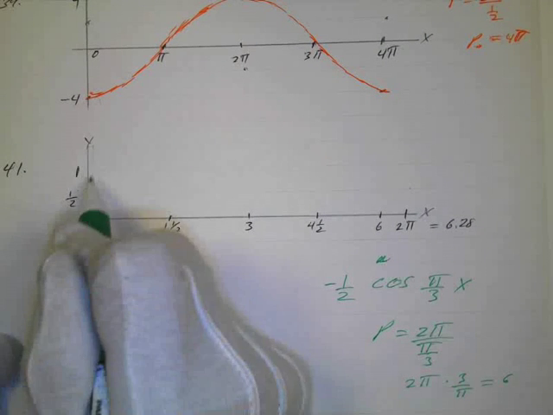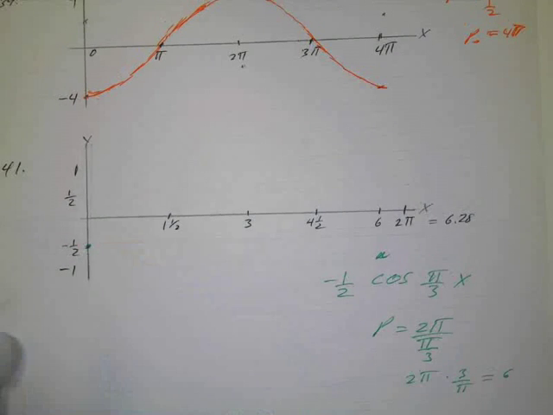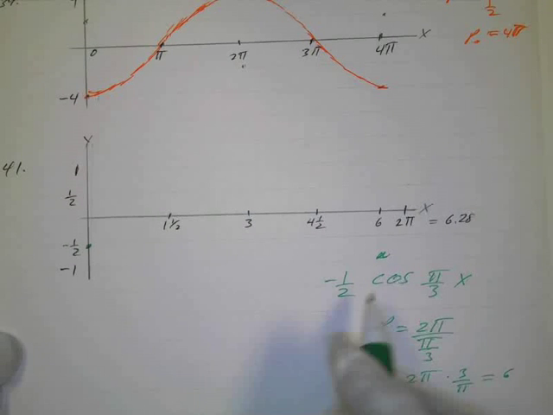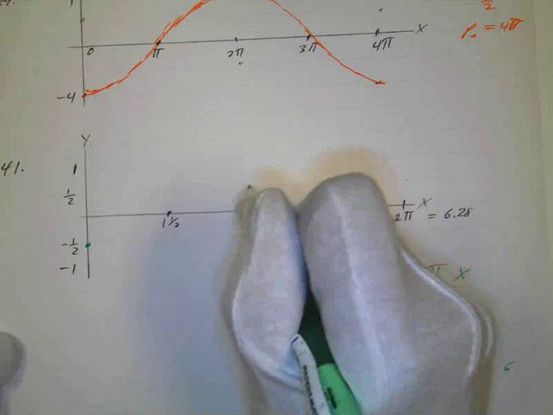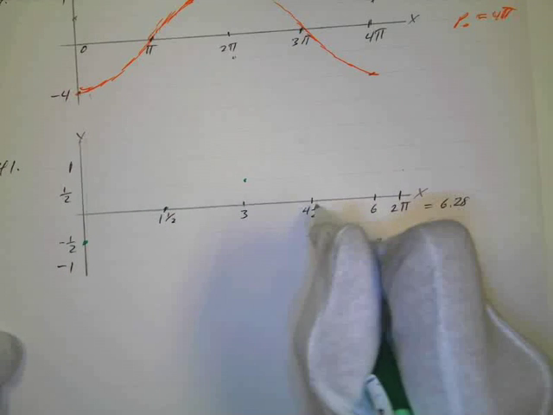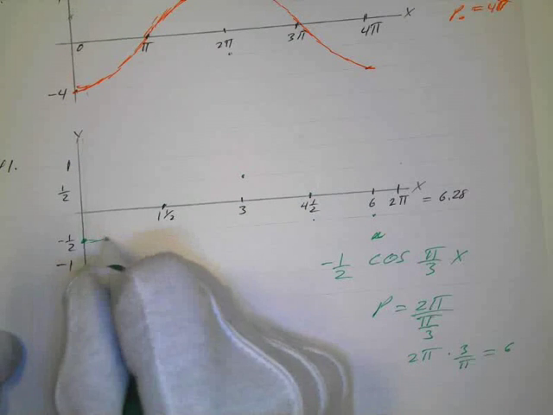So normally I start at 1, but this is going to be -1/2. So if I take 1 and I multiply by -1/2, I've got here -1/2. The cosine of 0 is 1, so that's -1/2, and then I just hit these spots like that, then up to 1/2, back down here to 0, and then I'm done.